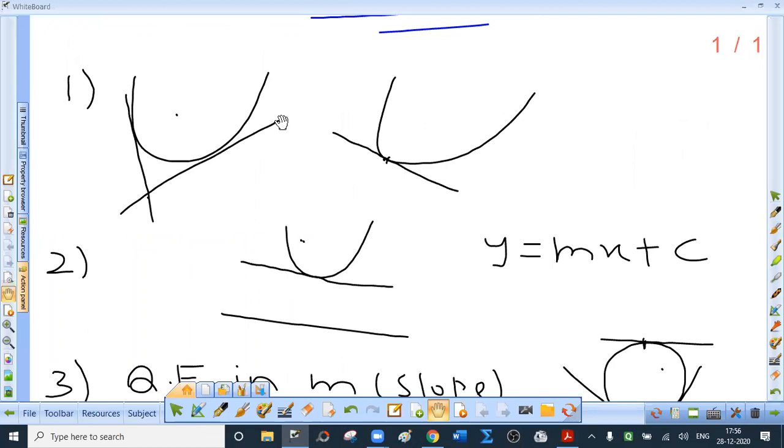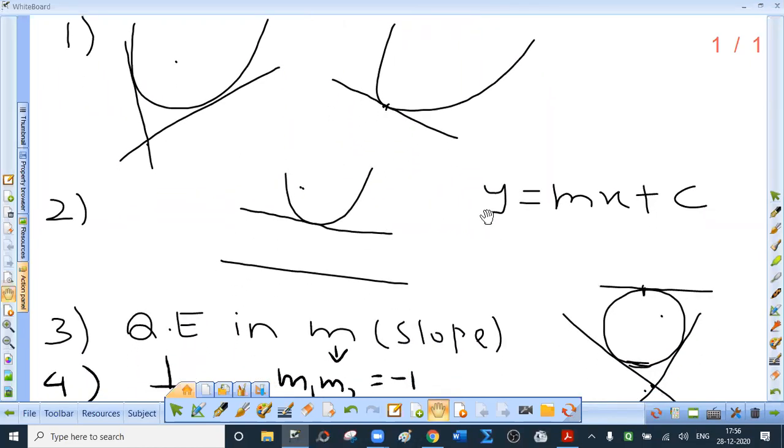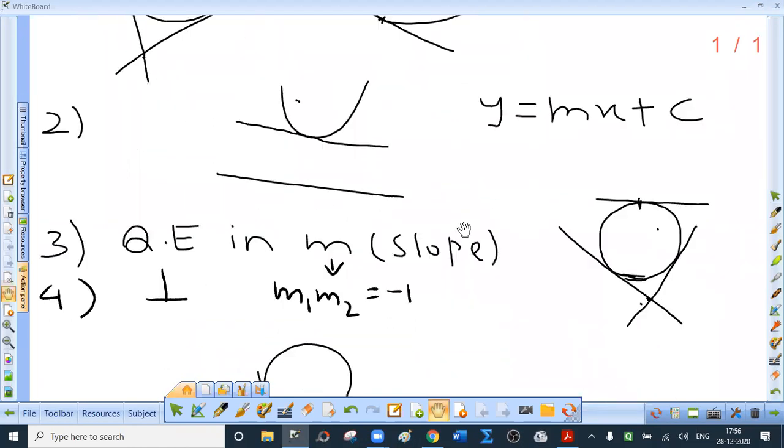In the first part, obtain the equation of the tangent to the curve at a point on the curve. In the second part, we find the condition that a line with slope m, say y equal to mx plus c, may be tangent to the curve. So the restriction will be on c, meaning for which value or values of c.